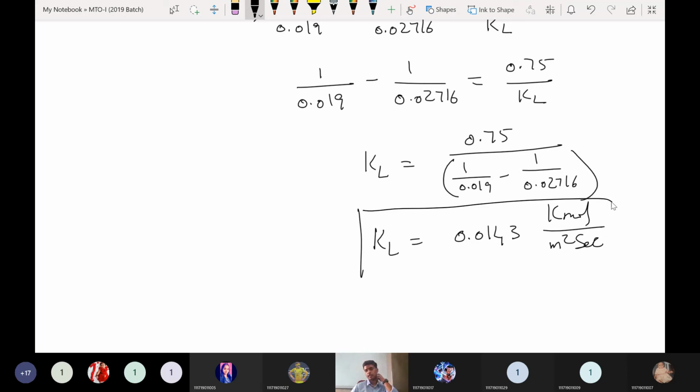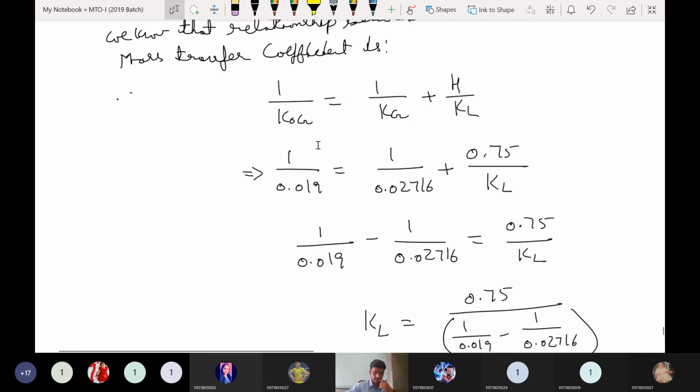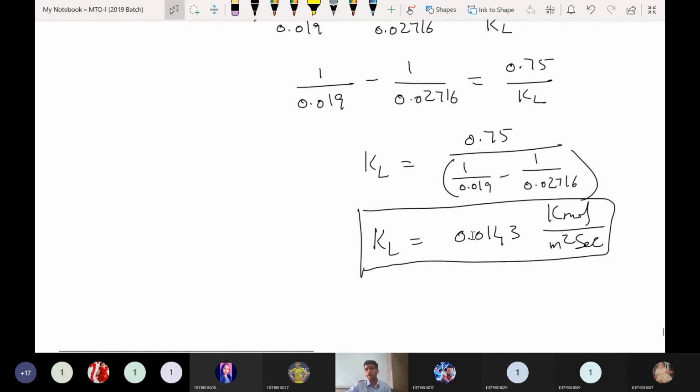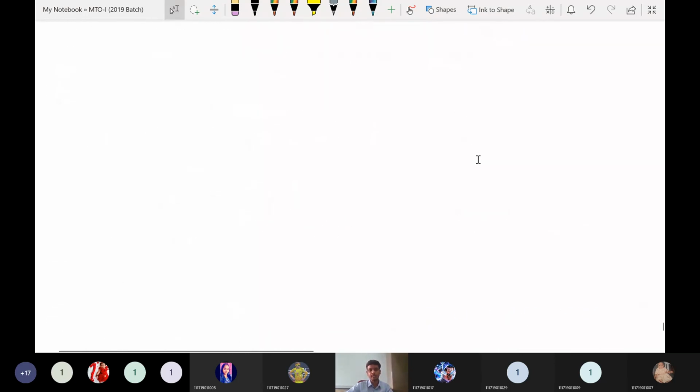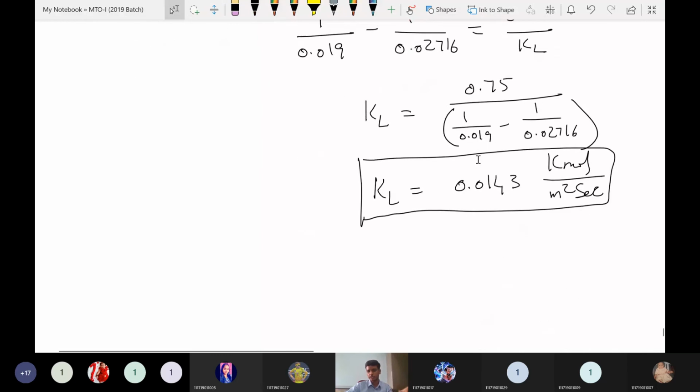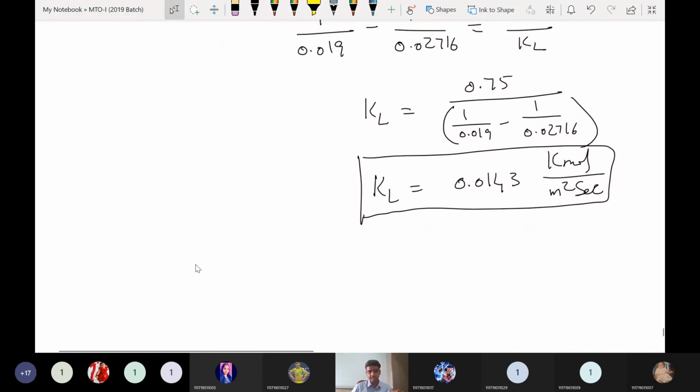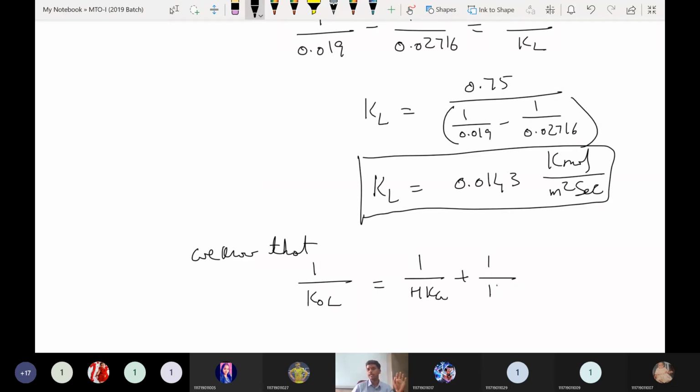This is the individual mass transfer coefficient we have found out using this formula. Now we know the second formula, from the relationship between the two, which is 1 by KOL is equal to 1 by H kg plus 1 by KL.